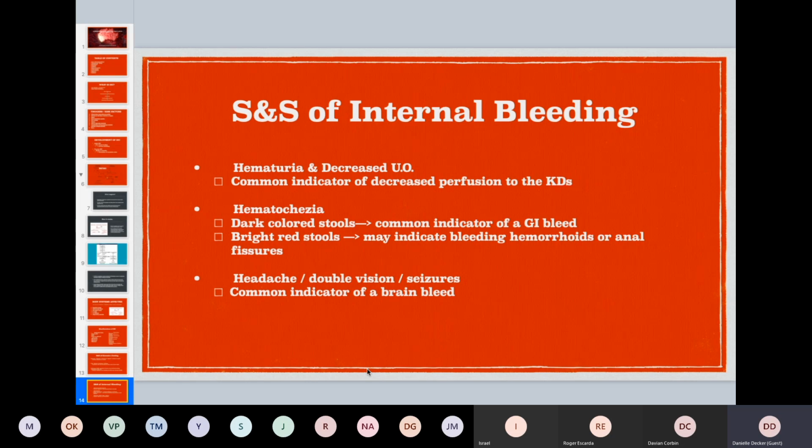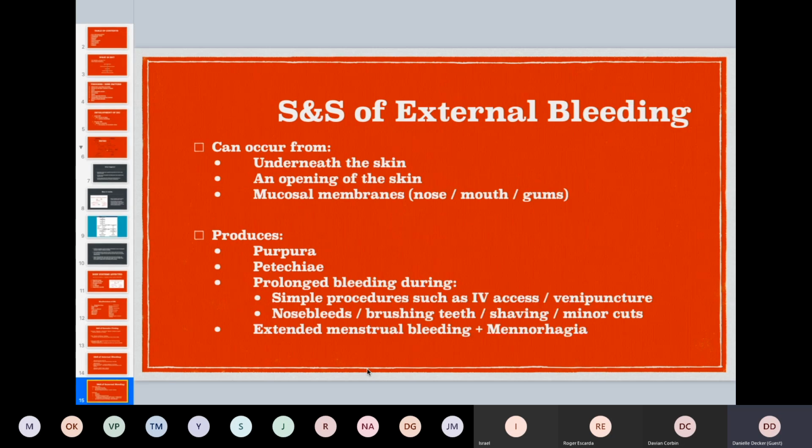If we have a headache, double vision, or seizures, this can be a common indicator of a brain bleed. Signs and symptoms of external bleeding can occur from underneath the skin, an opening of the skin, or mucosal membranes, which can produce purpura, petechia, prolonged bleeding during simple procedures such as IV access or venipuncture, as well as nosebleeds and bleeding from brushing teeth, shaving, or minor cuts.